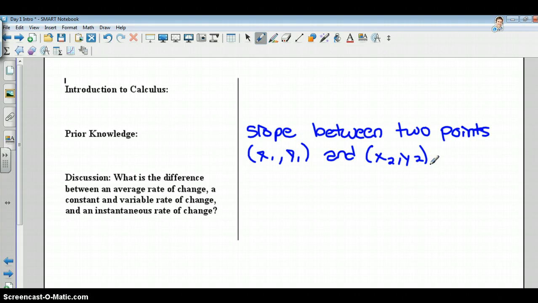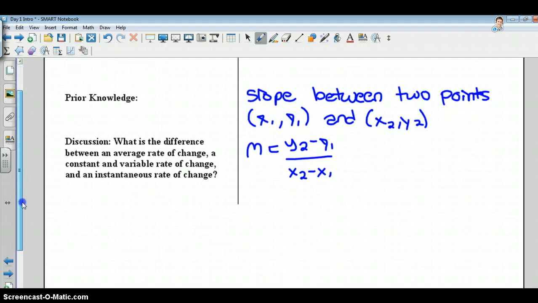Once you have these 2 points, you can find the slope by taking the difference between the two y's, y2 minus y1, and dividing it by the difference between your x's, x2 minus x1. And that gives you your slope between 2 points.